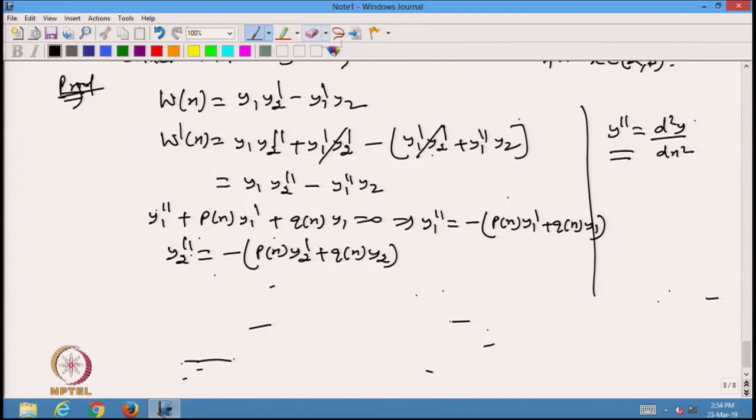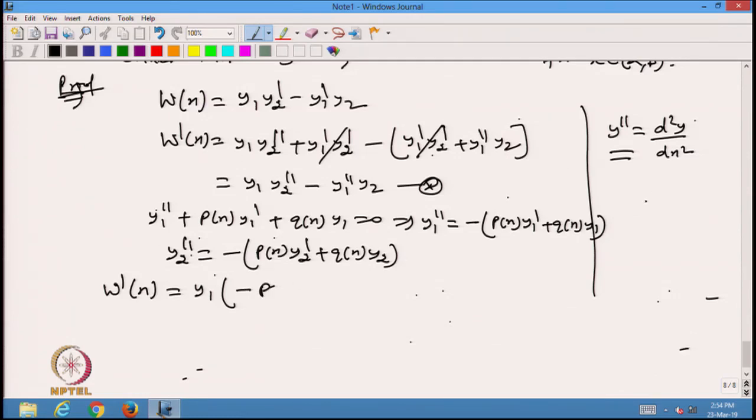So substituting this value in the above equation, from here I can write my W'(x) as y1, and this is a minus p.